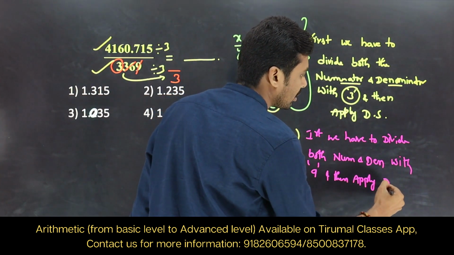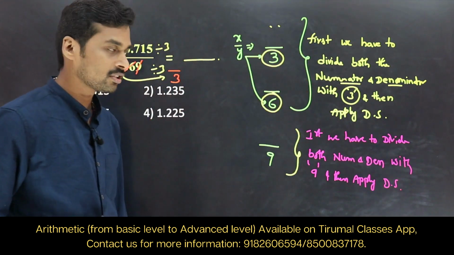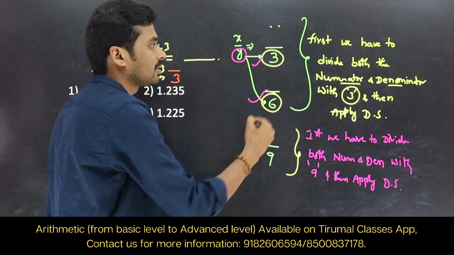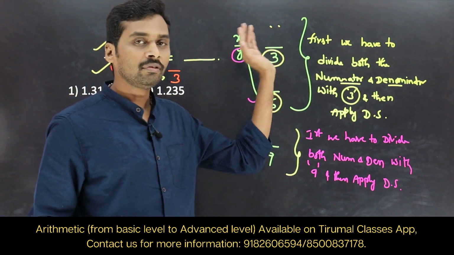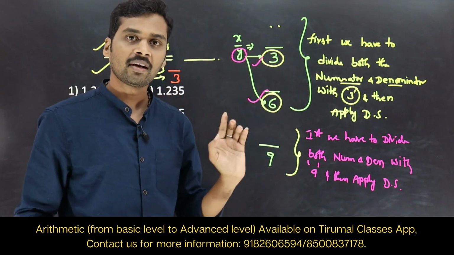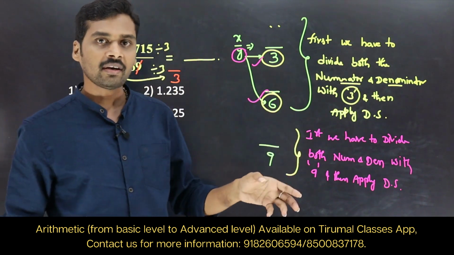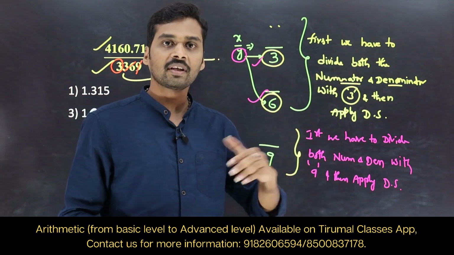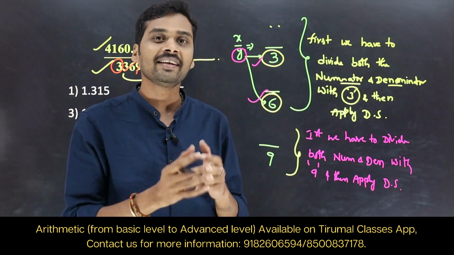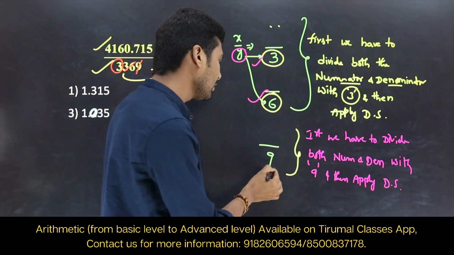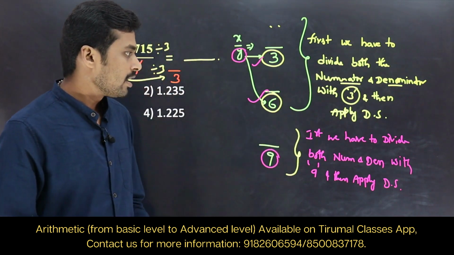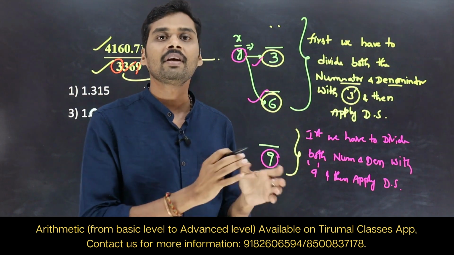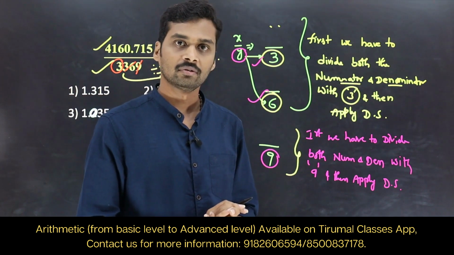This is the concept we have to remember. Whenever the denominator DS is either 3 or 6, first we divide both the numerator and the denominator by 3, and for the resultant numbers we take the DS. Similarly, when the denominator DS is 9, first we divide both the numerator and the denominator by 9, then apply DS value, right?